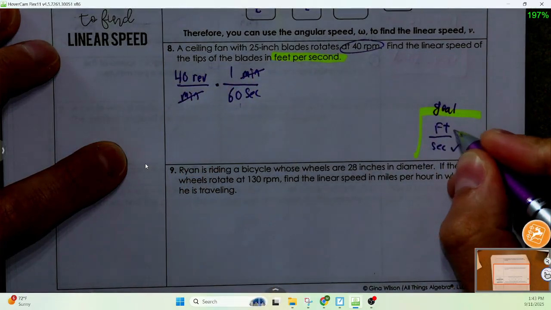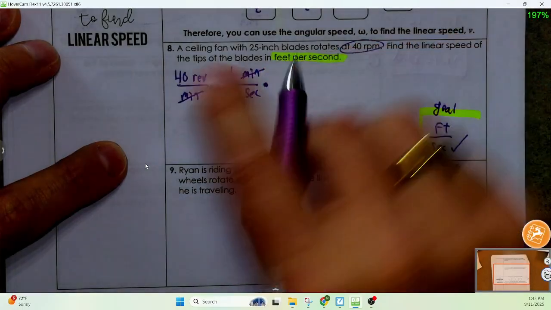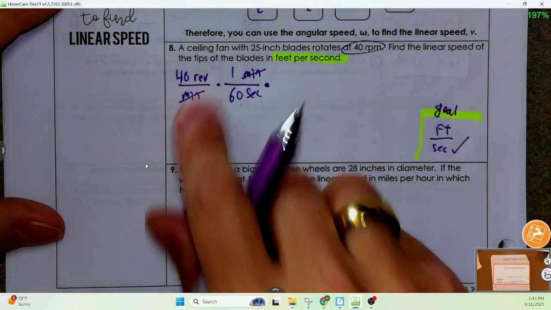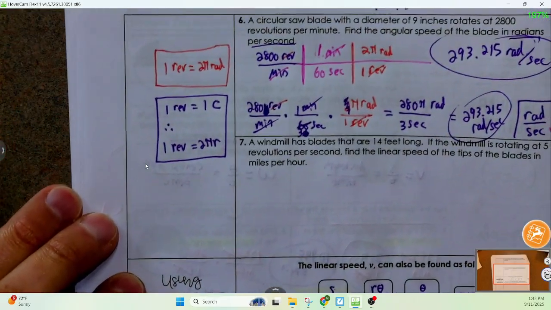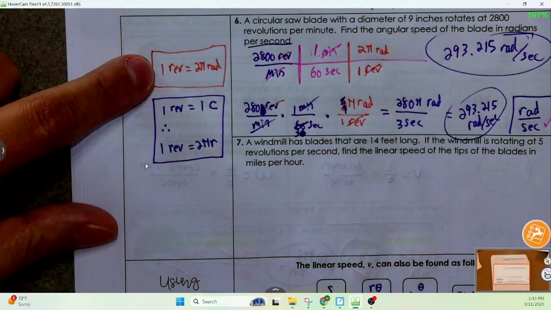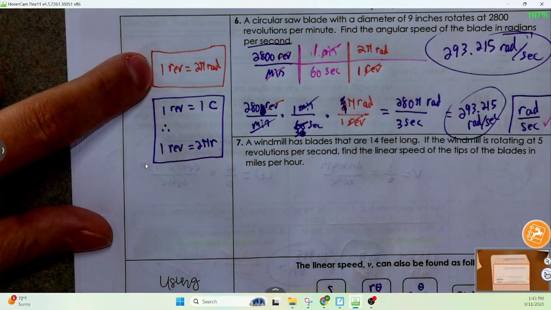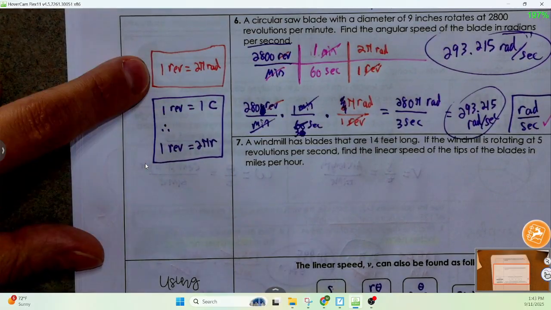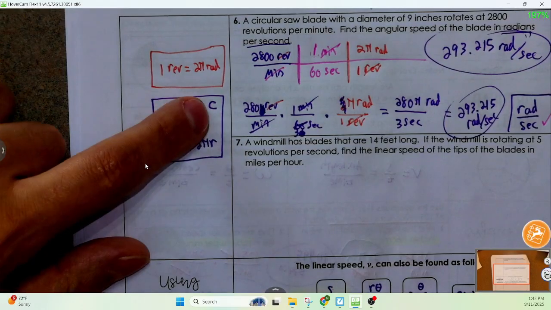We need feet. How can I get revolutions to feet? We're going to go back up here and look at what we had earlier. Revolutions to feet. Which one of these do you think is more likely to get you feet? The circumference or the 2 pi radians? Circumference. This is a distance. This radius is a distance.